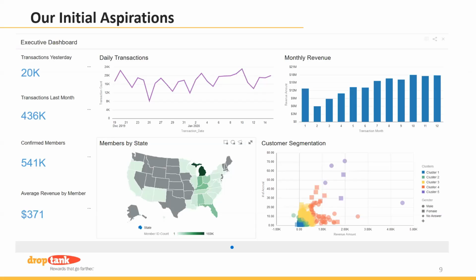Let's make it really easy for people at their fingertips to quickly stay on the pulse of key performance indicators. In our world, the top two are very important. How much activity do we have? How much money is coming through our system? But then we also wanted to get into the richness of our data.